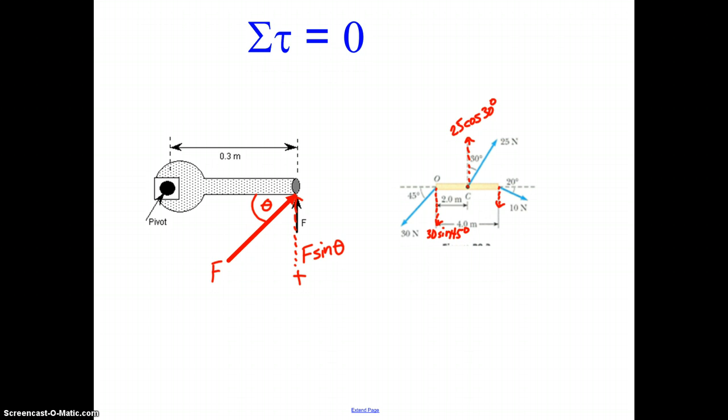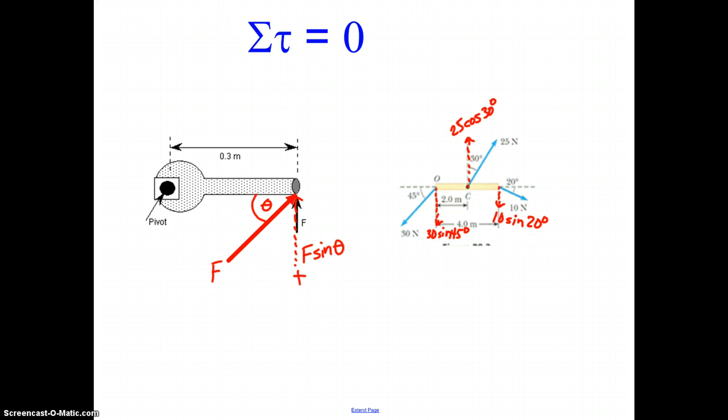And the component of the 10 Newton force on the right would be 10 sine, back to sine here, of 20 degrees. So you just have to pay attention to where the angles are in relation to the component that you're trying to calculate that's perpendicular to the lever arm. So not always in our problems is the torque calculated by using the sine function. Sometimes, depending on where they give you the angle, it's calculated by using the cosine function.